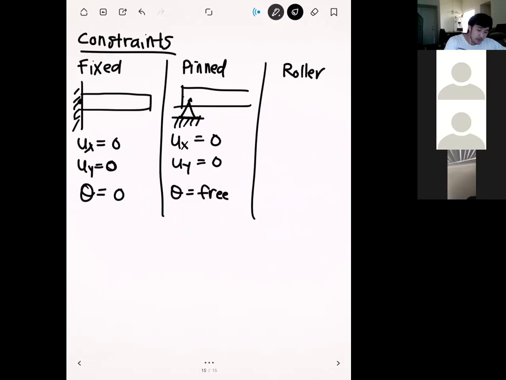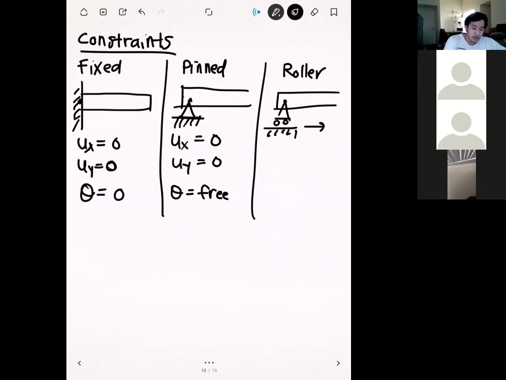Our last type of constraint is a roller. The roller is denoted by a triangle on wheels, and we've seen it already. The roller prevents deformation normal to the roller, but parallel to the roller you're still able to have deformation.